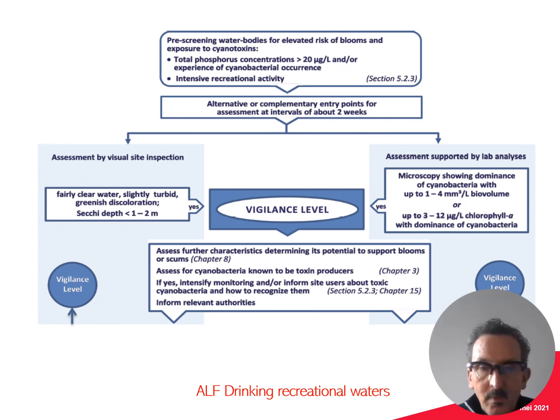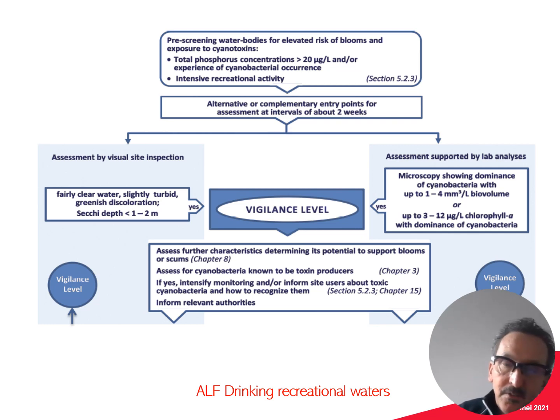If you want to know more, you start to assess characteristics, determining potential to support blooms or scums in your system, assess for cyanobacteria known to be toxin producers using the microscope or maybe genetic tools.